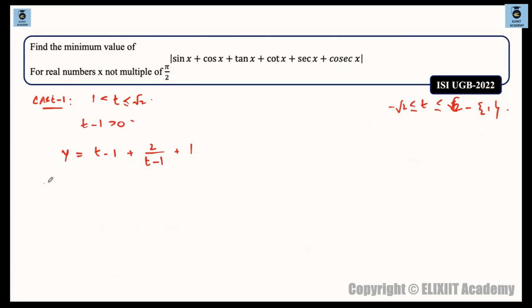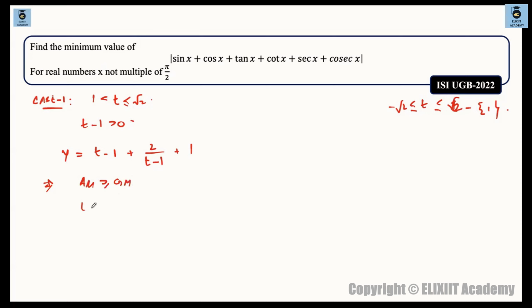So what can I say from here? We have to find the minimum possible value. So for the minimum value, what will we do? We will use AM-GM. All of these are positive quantities, so we use AM-GM. AM is greater than or equal to GM.